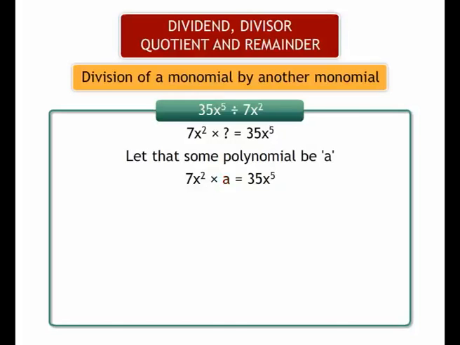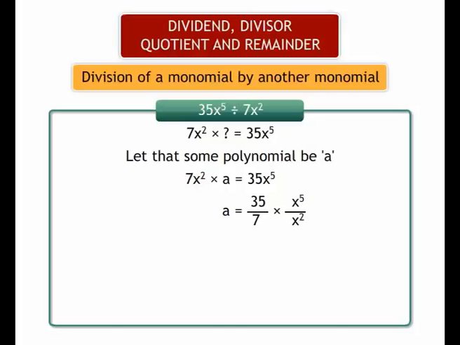Let us separate 35x raised to 5 into two parts, that is, 35 and x raised to 5. Similarly, let's separate 7x square into two parts, that is, 7 and x square. Therefore, a is equal to 35 divided by 7 multiplied by x raised to 5 divided by x square.